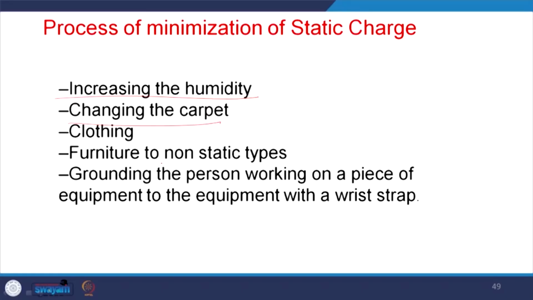Furniture should be of the non-static type, so that it does not hold charges. Also ground the person with the piece of equipment using a wrist strap.